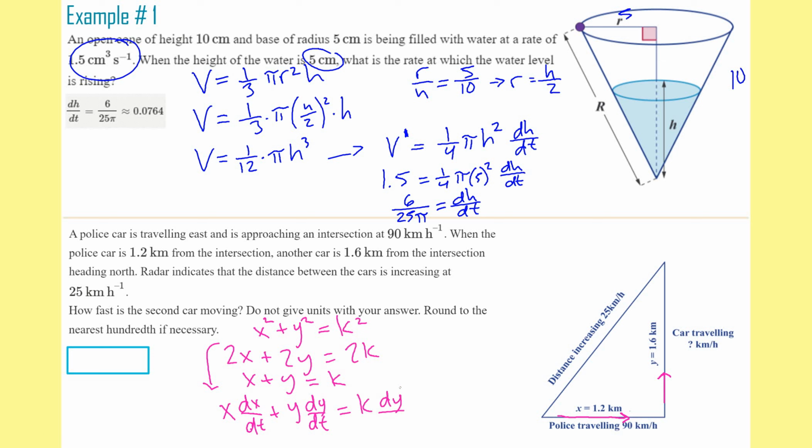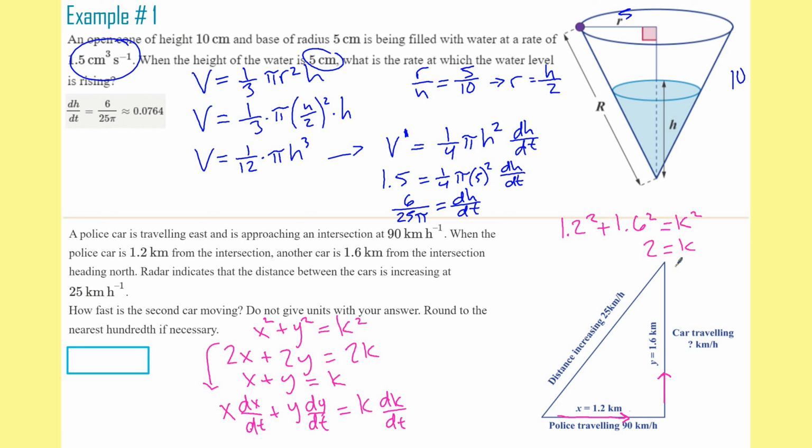Okay, oh, not y, what am I doing? Okay, so if we think of this as a regular triangle with our distance being the way it is, 1.2 squared plus 1.6 squared equals k squared, we solve this, we should get k equals 2.